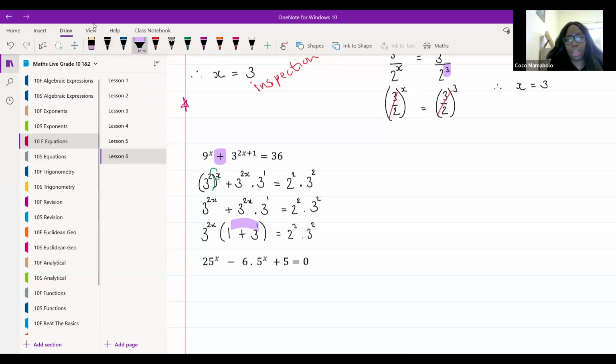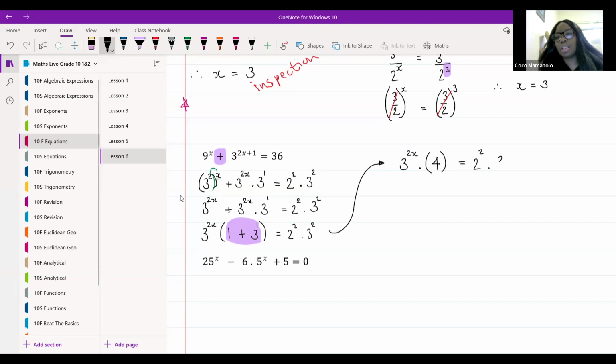Inside the bracket over here, 1 plus 3, that would give us 4. So I would then have, I'm just going to continue over here, 3 to the power of 2x multiplied by 4, I can even put that in brackets if we'd like, is equal to 2 squared times 3 to the power of 2. Now, I know that that's the thing I want. How do I get rid of this 4?